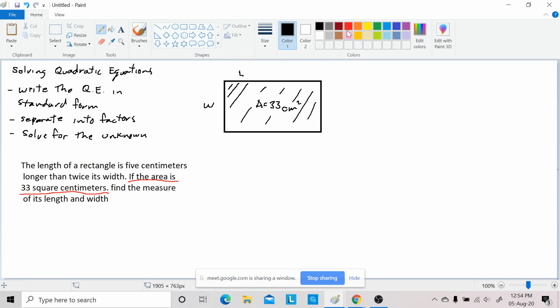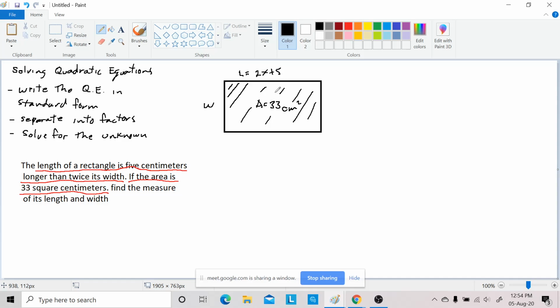The length of a rectangle is 5 centimeters longer than twice its width. Okay, so how is that? Length of a rectangle, this is 5 centimeters longer than twice its width. 2x plus 5.